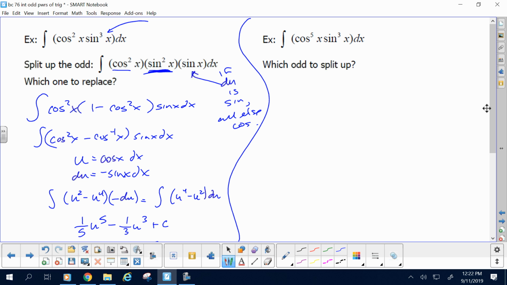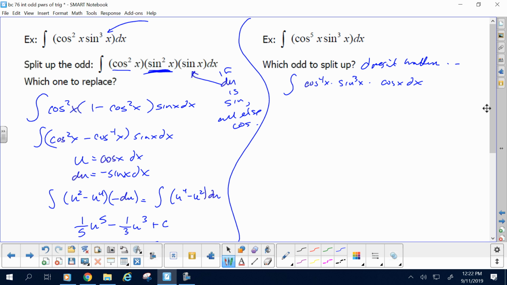All of the above. I probably should have done a little more simplified. I think there's one in the homework anyway. The answer is it doesn't matter. So which one do you want to split? Doesn't matter. If you say split the cosine, then you're going to have cosine to the fourth, sine cubed, and a single cosine off to the side.